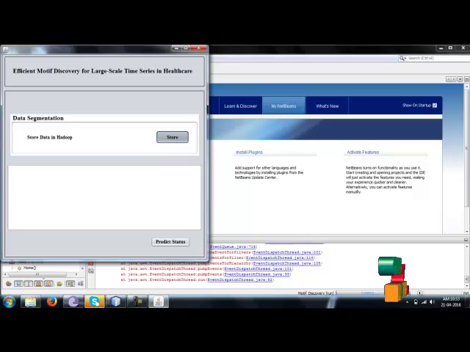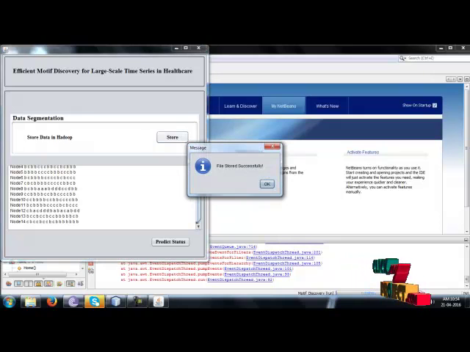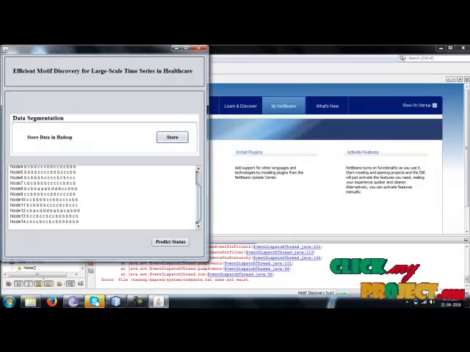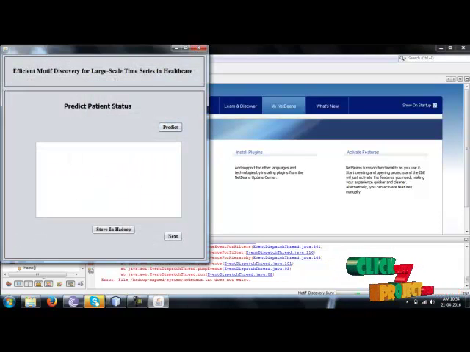It takes several seconds to store the data and combine it into the Hadoop OS using its IP. The file stored successfully. The combined data is stored in the Hadoop OS, and then we predict the data.